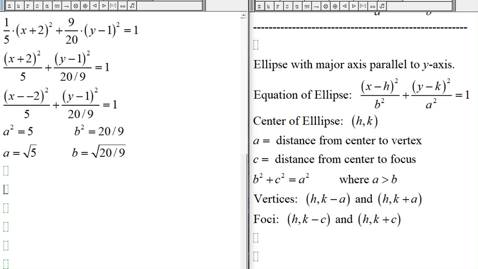And then to get c, we use b squared plus c squared equal to a squared. So b squared is 20 over 9, and a squared is 5.